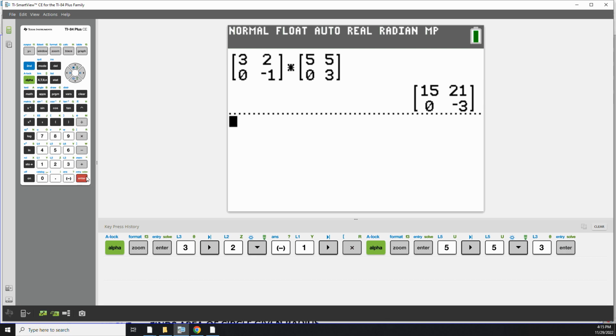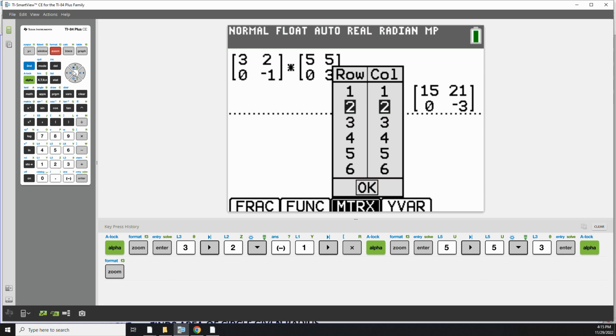If you want to change and enter another matrix, go alpha F3 and cursor up and down. This will change it to 3 rows. 3 rows means, I always get them confused. A row is this way, and a column is that way.